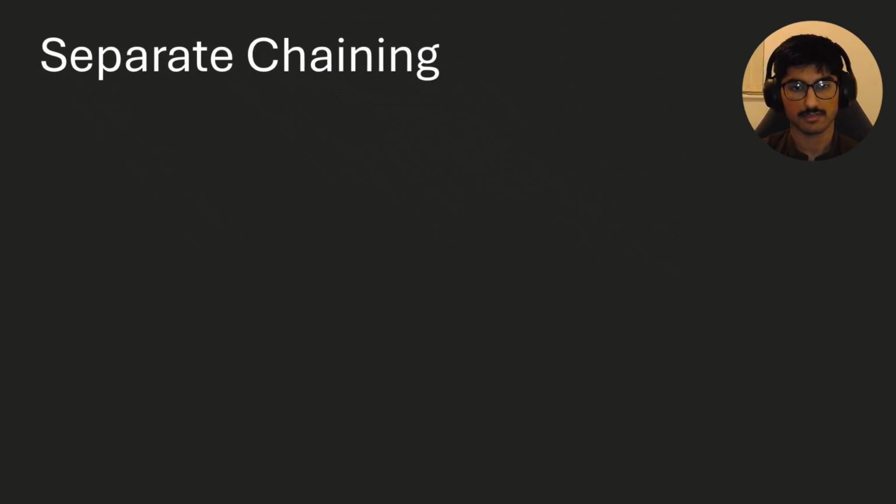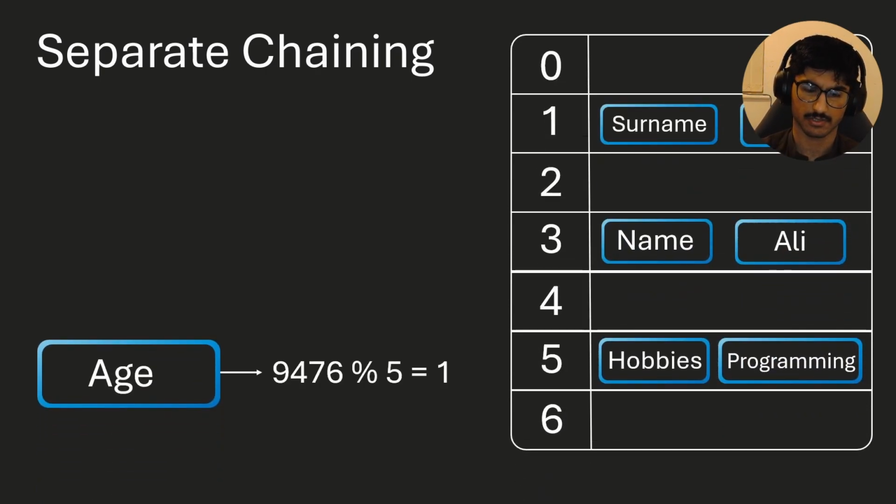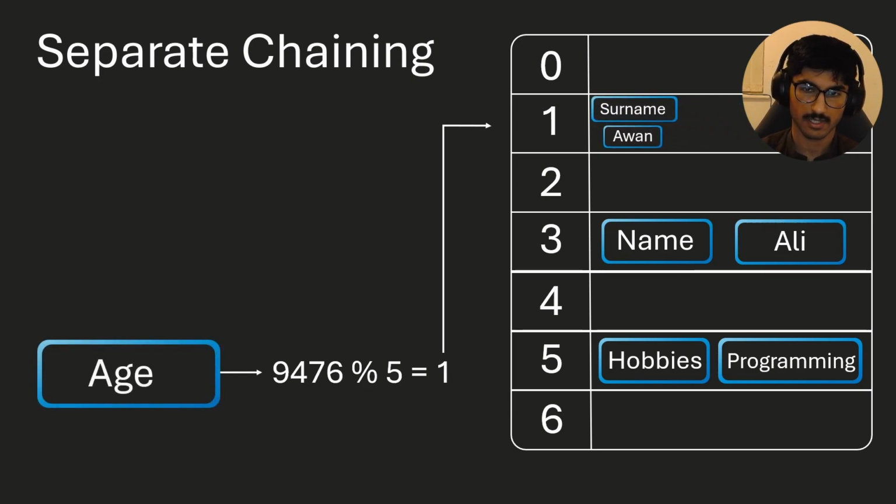Separate chaining works in an interesting way. So let's bring back the example we had. I hash age and I get the index of 1. One is already occupied by the key value pair surname. So what we can do is turn surname into a node of a linked list.